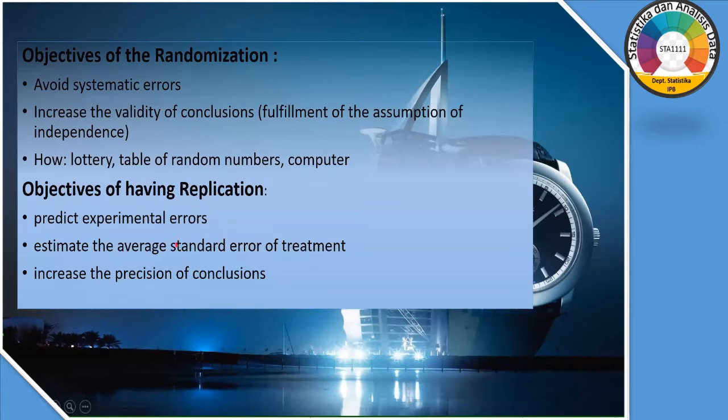This topic is an introduction for you as first year students. But here, a very important objective of replication is to estimate the average standard error. Then, of course, to increase the precision of the conclusion. Validity is actually similar to the objective of randomization, to increase it. If that one is validity, this one is to increase the precision of the conclusion. So we need to have replication.